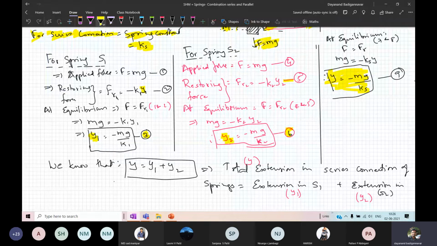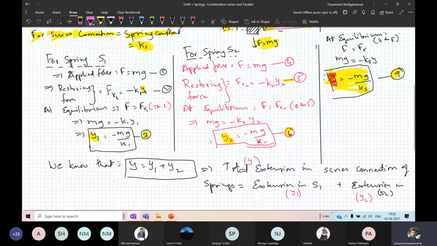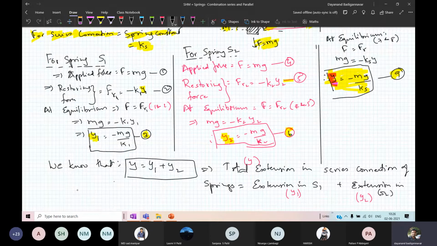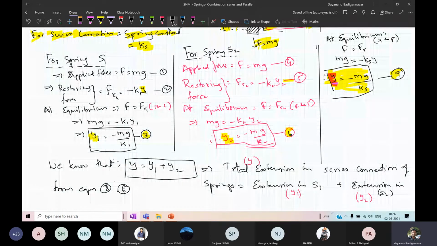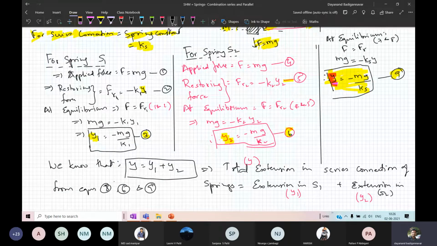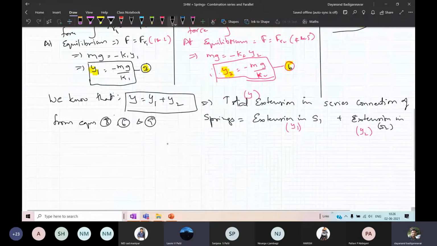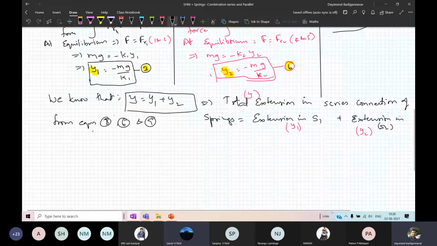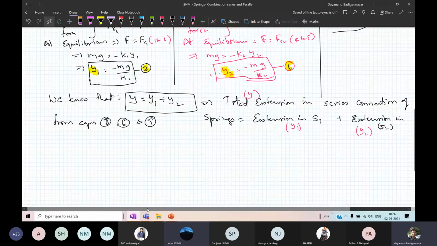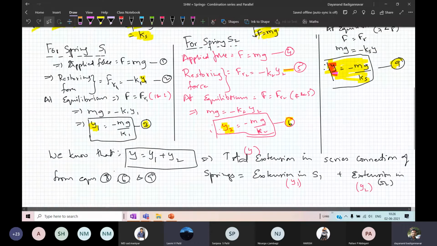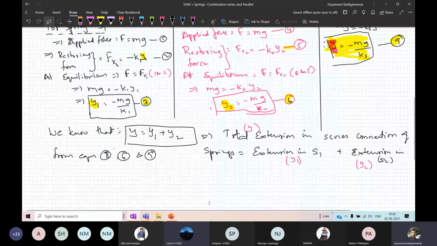From equation number 9, I will get Y. So from equations 3, 6 and 9, if I do the substitution, that will give you Y equal to Y1 plus Y2.